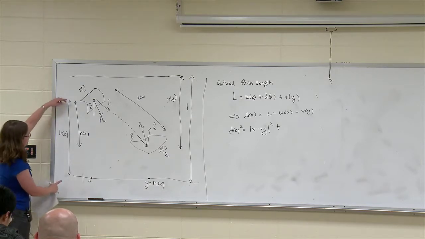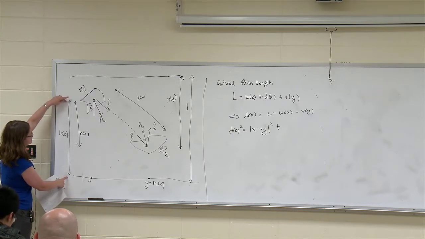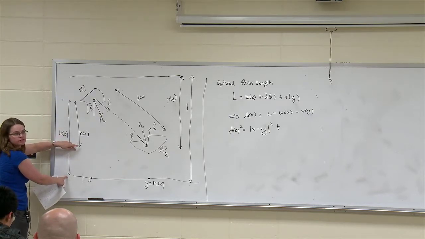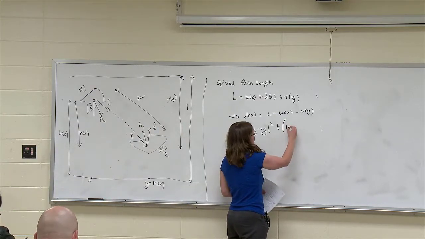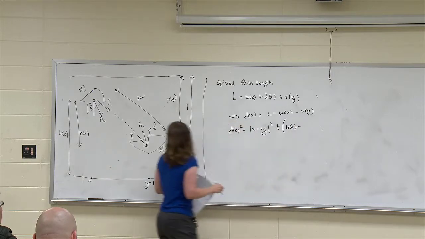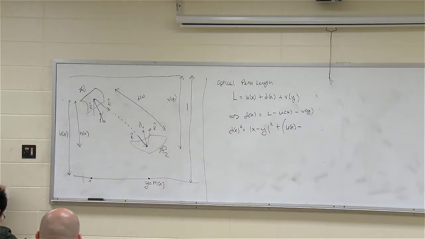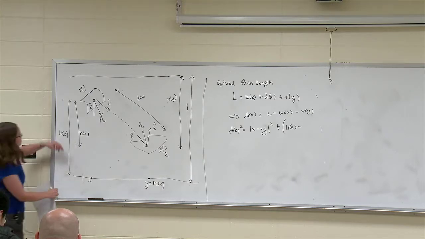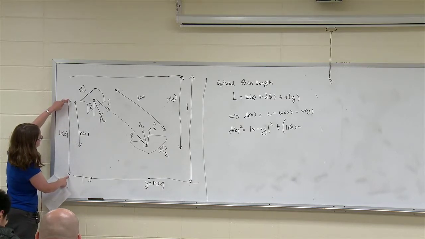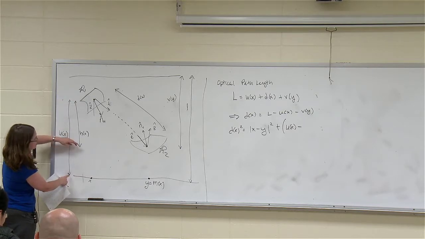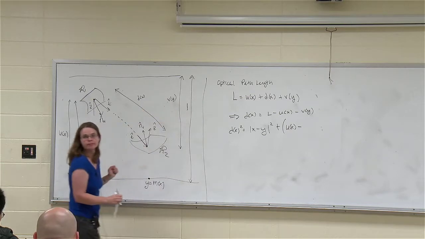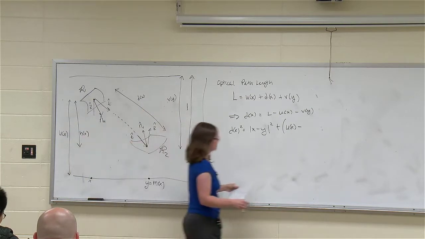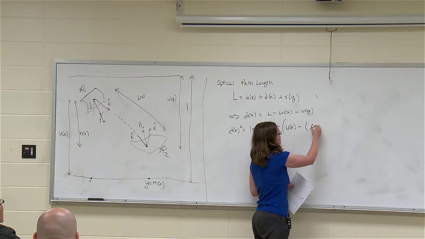That is going to be this height minus this height. So that's u of x minus what's the overlap? The overlap is, we want this height minus this height. So that's really L minus V. So u minus L minus V.